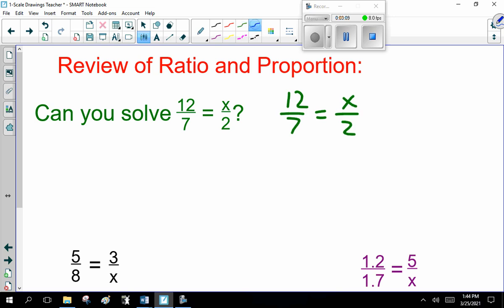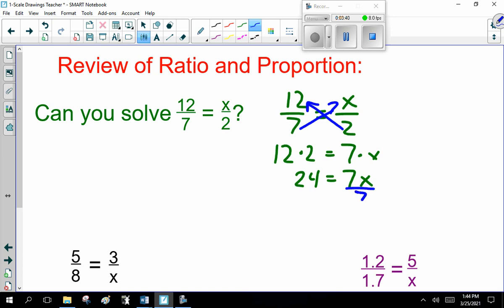Well, the easy way, when it's something equals something, like fractions, is to cross multiply. So it's 12 times 2 equals 7 times x. 12 times 2, 24, equals 7x. Then I want you to get x all by itself. So how do you get rid of times 7?